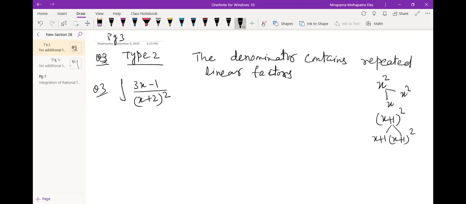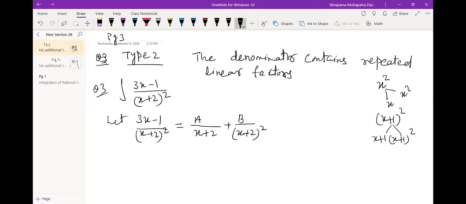So just observe the way we are solving the question. The factors of x plus 2 whole square are x plus 2 and x plus 2 whole square. We can write a by x plus 2 plus b by x plus 2 whole square.